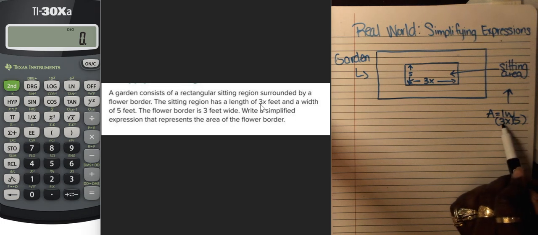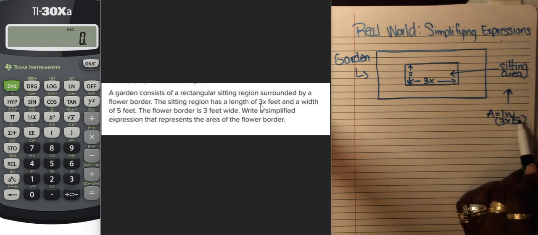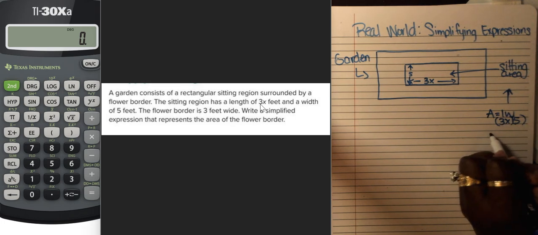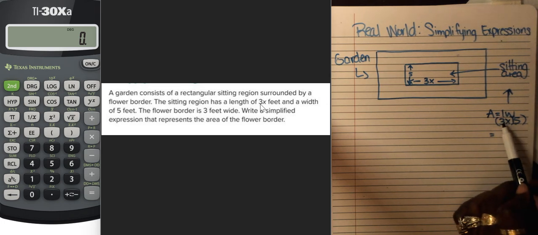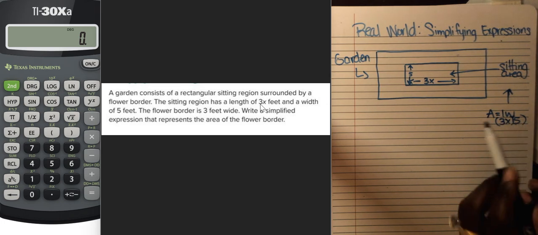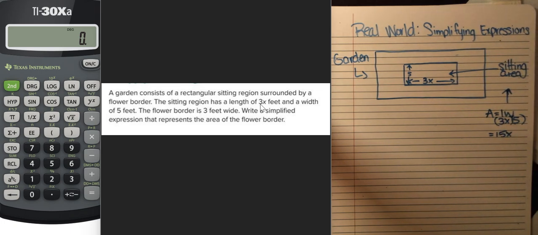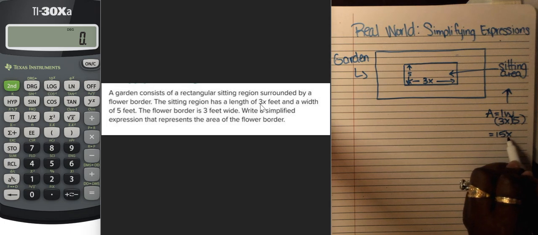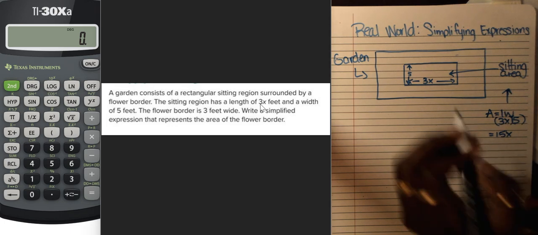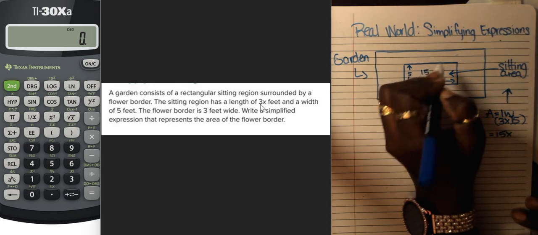Right. So if we have 3x times 5, you end up with 15 x's. Okay, so that's the same thing as saying 3 times 5, which is 15, and then that's x's. Okay, so that's what we have there. All right, so we have our 15x. This is the area of our sitting area.